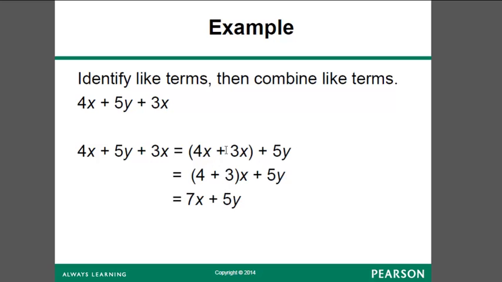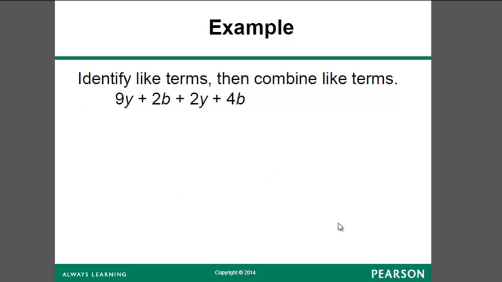You have 4 x's plus 3 x's gives you 7 x's. And the 5y just carries along. Admittedly, I tend to skip this step. If you need it in there, that's great. I tend to just look at this as saying, I have 4 pencils plus 3 pencils. How many pencils do I have? It's whatever you need to do at this point.